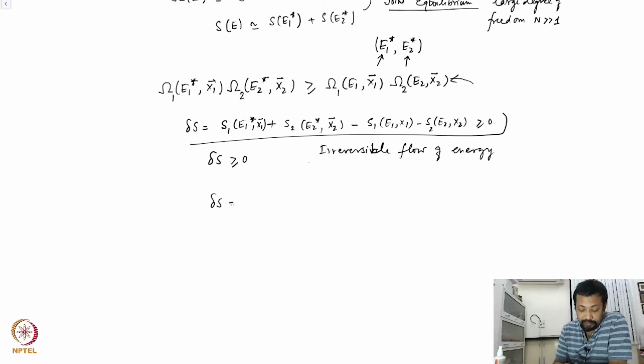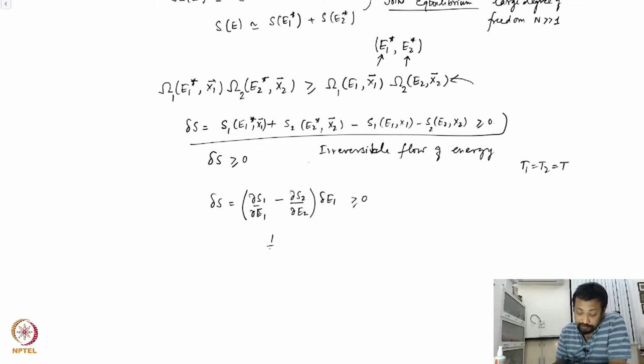Now I can write down delta S. When the two microcanonical systems were brought together without any work being done, the equilibrium condition T1 equal to T2 equal to T is not satisfied, and therefore my delta S is del S1 by del E1 minus del S2 by del E2 times delta E1, which is greater than 0.